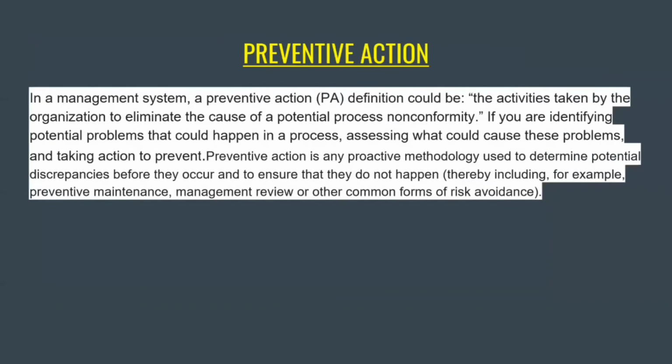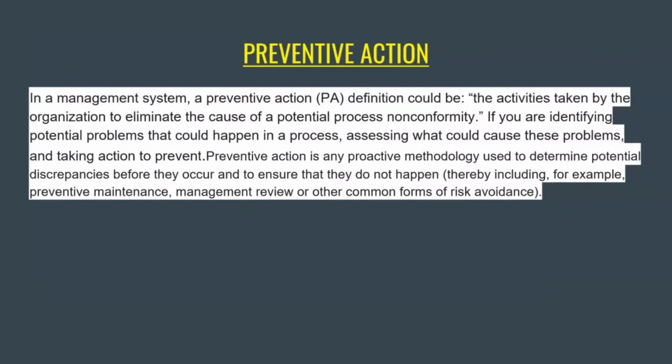Next, we are talking about preventive action in a management system. Preventive actions are the activities taken by organizations to eliminate the cause of potential process non-conformity. You identify potential problems that could happen in a process, assess what could cause them, and take actions to prevent them.